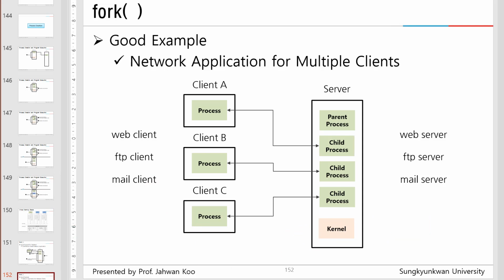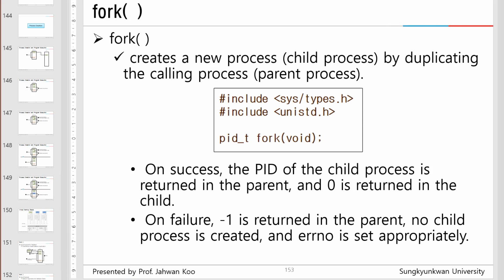Fork system call creates a new process by duplicating the calling process. Because of the parent-child relationship, the calling process means the parent. The new process means the child. Fork system call is very simple.